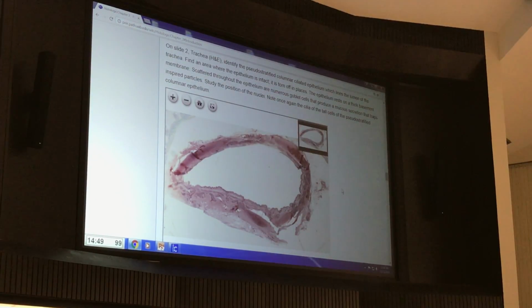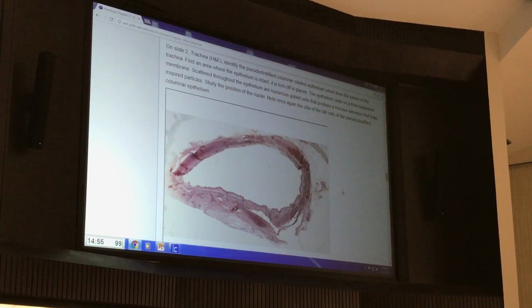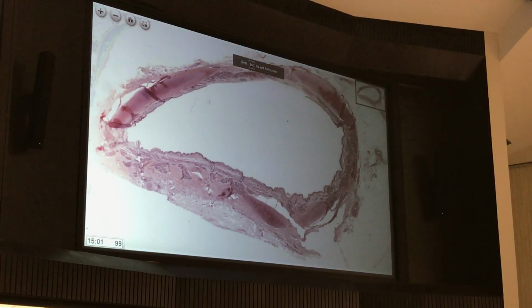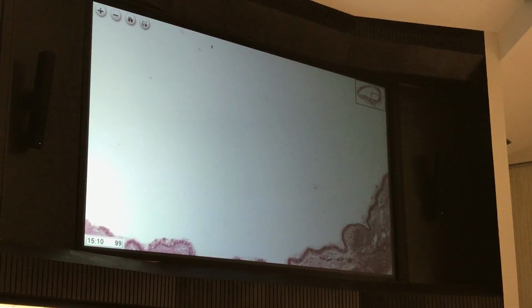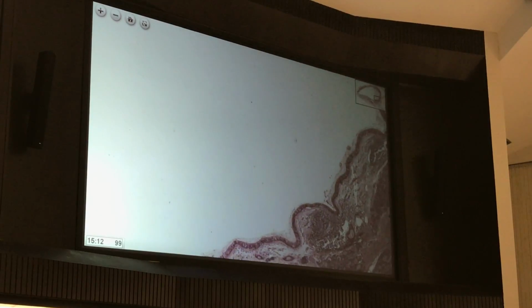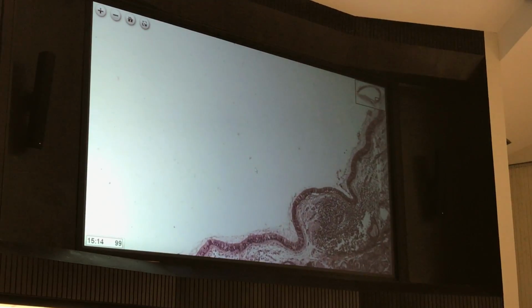Pseudostratified is going to be found pretty much in the reproductive tracts, but specifically the male, and then the trachea and bronchial tree. So let's go here, let's look at the lumen of the trachea, and here looks like a nice stretch of epithelium.